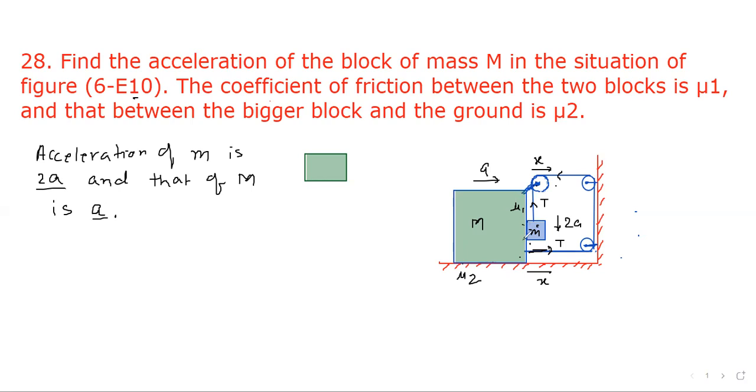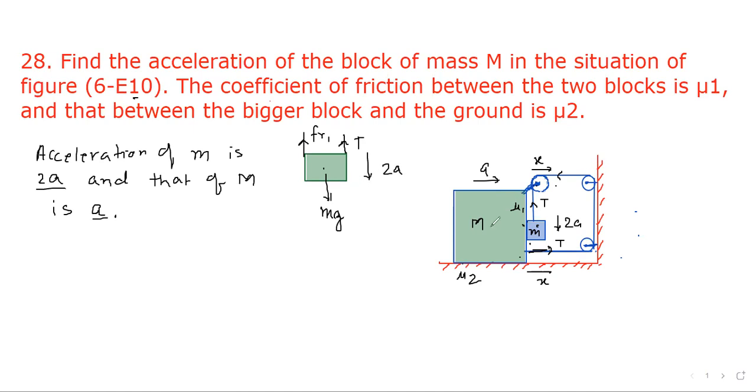Now we can consider the different forces acting on mass small m. So this is small m. Here its weight mg will act in downward direction, and there will be friction between these two surfaces since this block is moving in downward direction. So friction is suppose Fr1, and tension is also there in upward direction. This is T, and this block is moving in this direction with acceleration 2a.